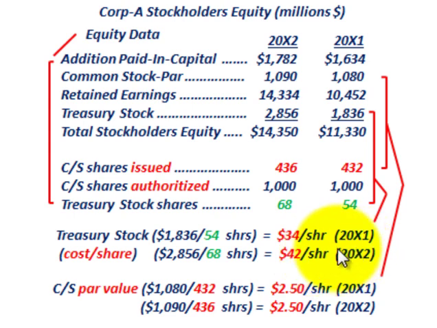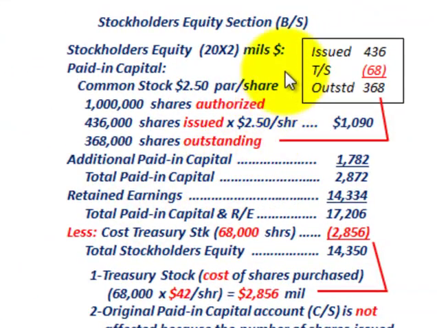Okay, so now let's go and we're going to use this data here, and we're going to develop our stockholders equity section here on our balance sheet. Okay, so here's our stockholders equity section on our balance sheet, and how we would state it and how we list it here and develop it off that data that we have here.